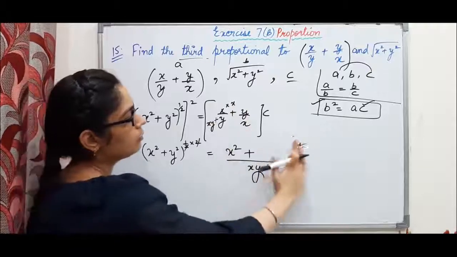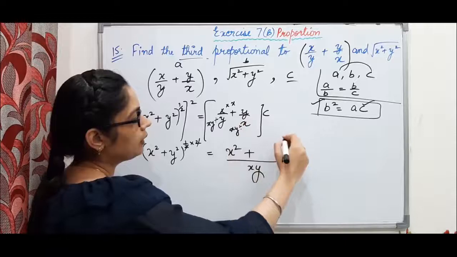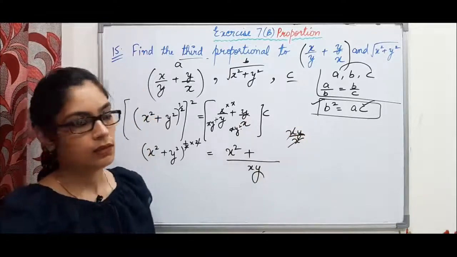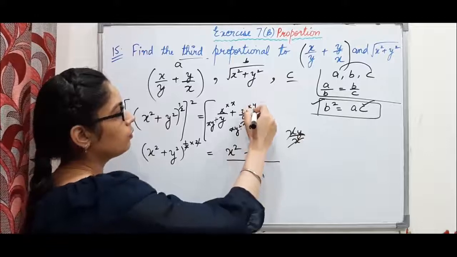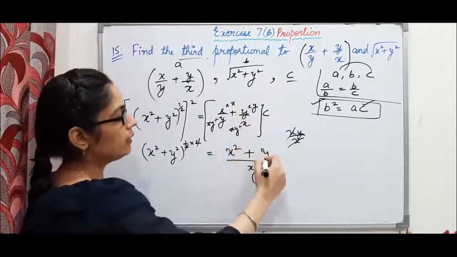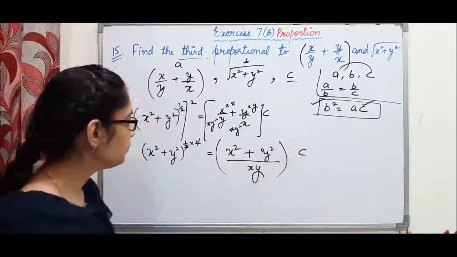Same way, xy is the LCM; divide the LCM by the denominator, xy by x, x and x get cancelled, y into the numerator, which is also y, so y into y is y square. Into c as it is.